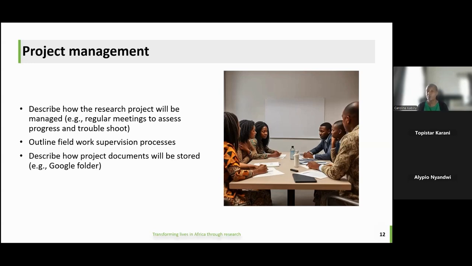So you have two people who attend the same interview and actually collect the same data, then you're able to compare and see where there may be challenges. Perhaps it's in how your team understands certain questions, and then you can troubleshoot at the very beginning. And then describe how project documents will be stored.